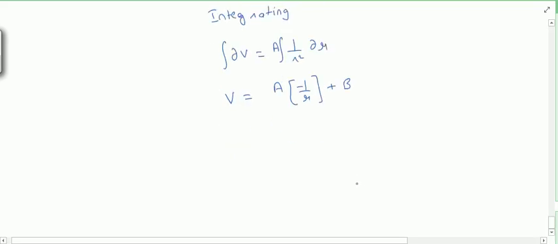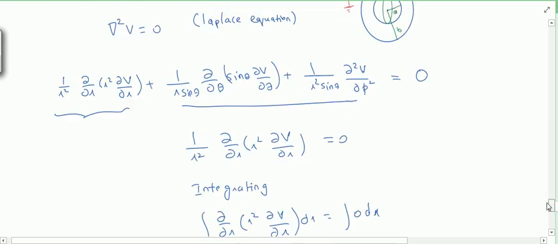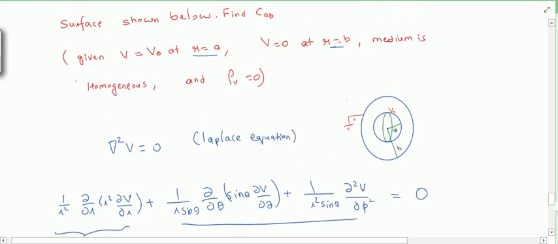Now we will apply the boundary conditions which were given to find the values of A and B. It was given that at r equals b, V equals 0.